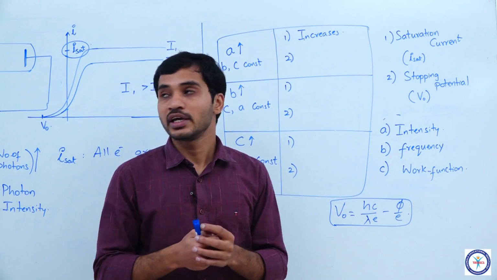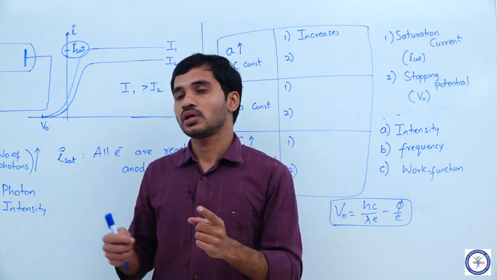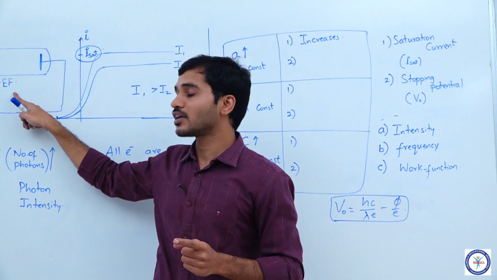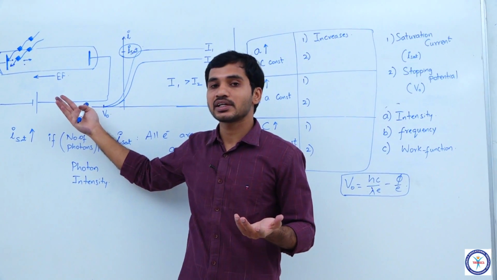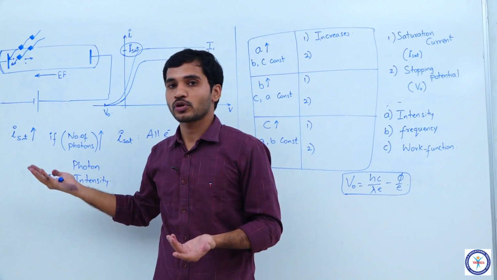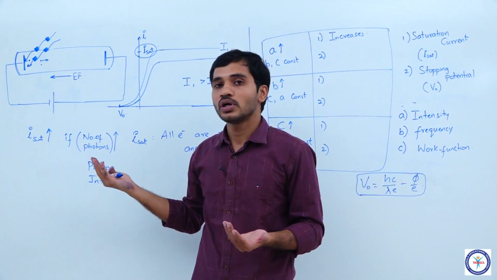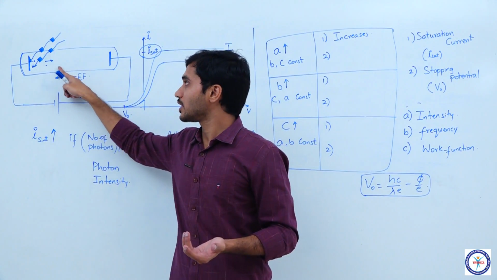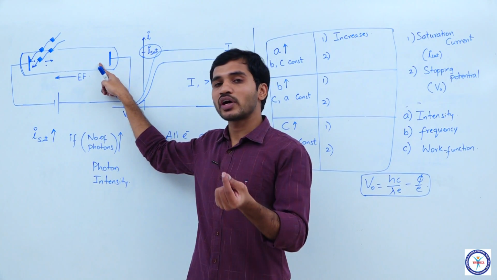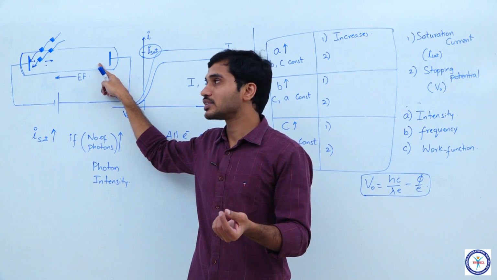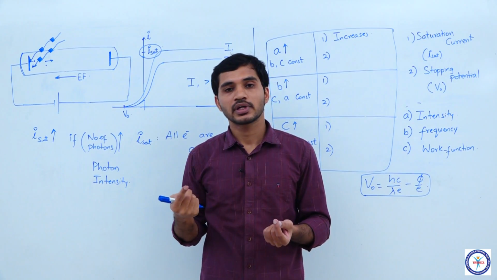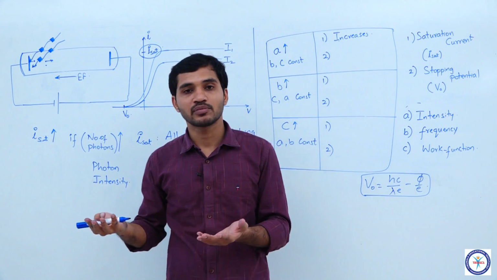If one electron can be stopped while coming from here to here by the electric field, you can easily say that even 10 electrons can be stopped. There is no rule that only one should be stopped by the electric field, because whether it is 1 electron or 10 electrons, they experience the same deceleration. So if 1 electron is being stopped, it means that any number of electrons can be stopped.